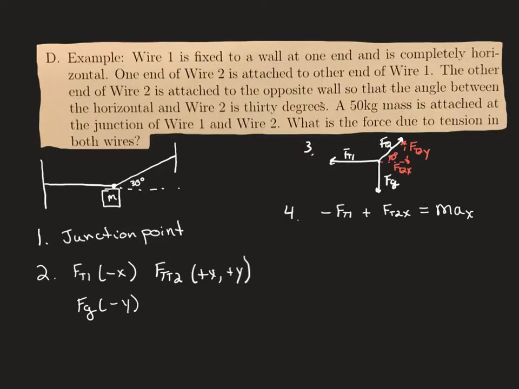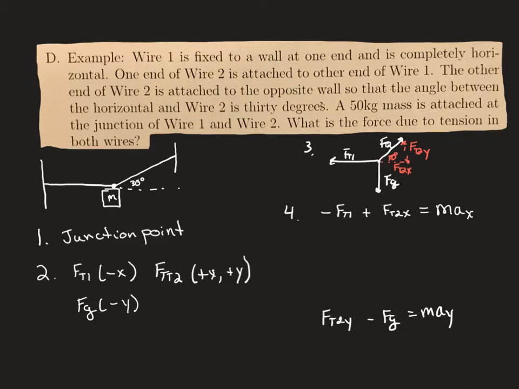So we have force of gravity here, and then we have to remember the y component of the force of tension over here. Our goal is to find the force of tension 1 and force of tension 2. We have force of tension 1 here, but only the x component of force of tension 2. We want the force of tension 2 itself to be in this equation.